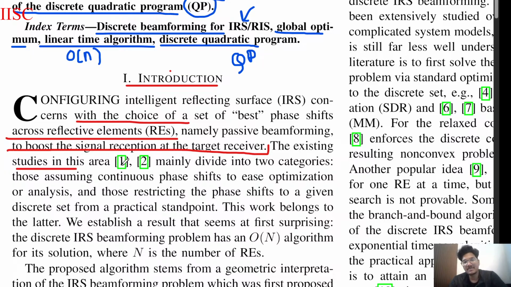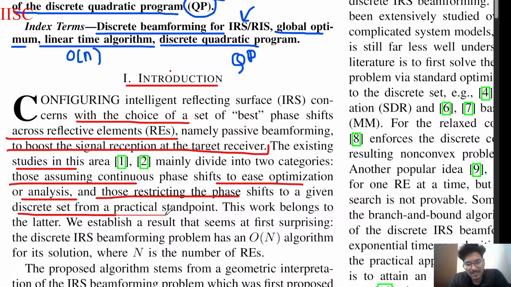The existing study area is mainly divided into two categories. Those that assume continuous phase shift to ease optimization or analysis, and those restricting the phase shift to a given discrete set from a practical standpoint.